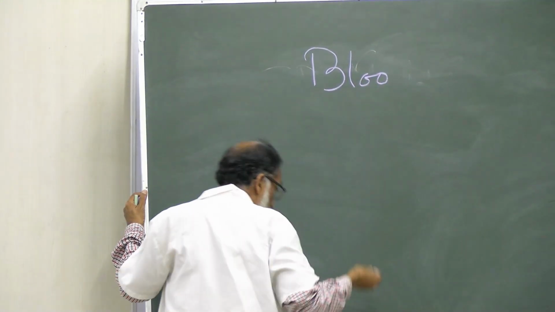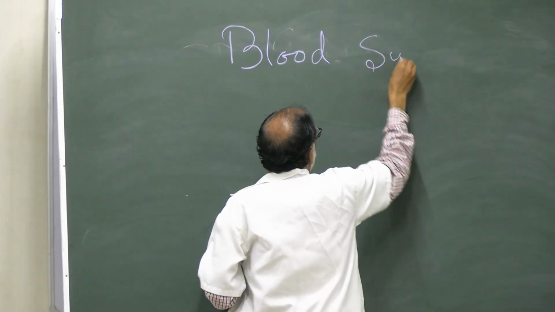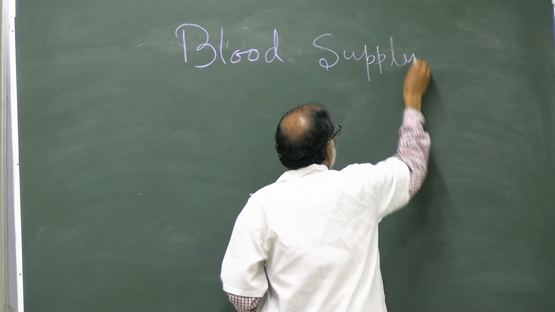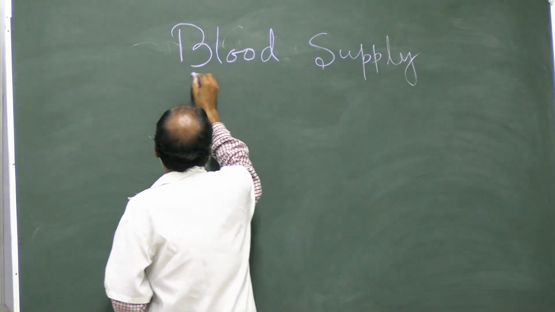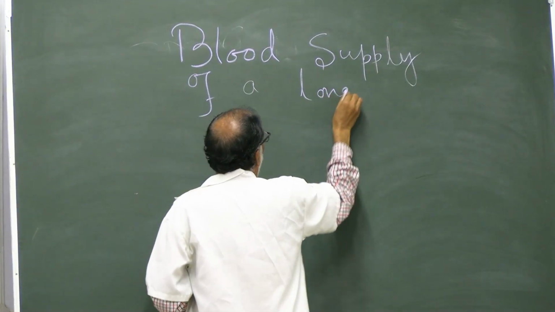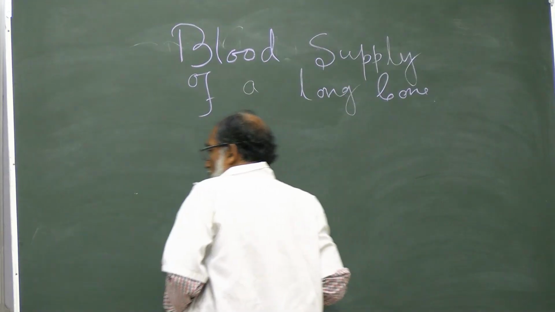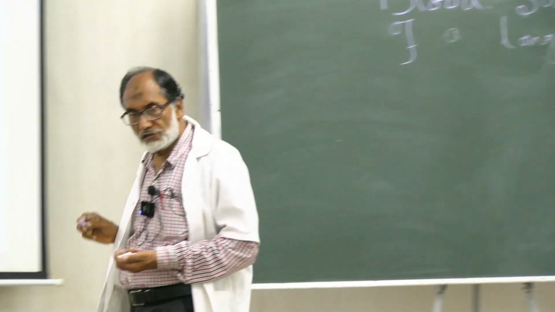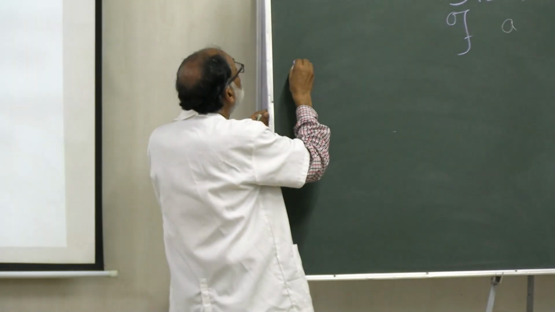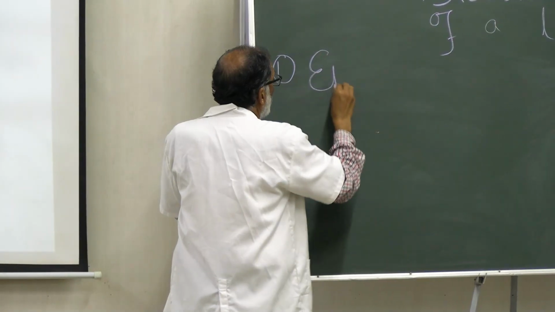Blood supply of a long bone. Four sets of arteries supply the long bone. Number 1, epiphyseal artery.